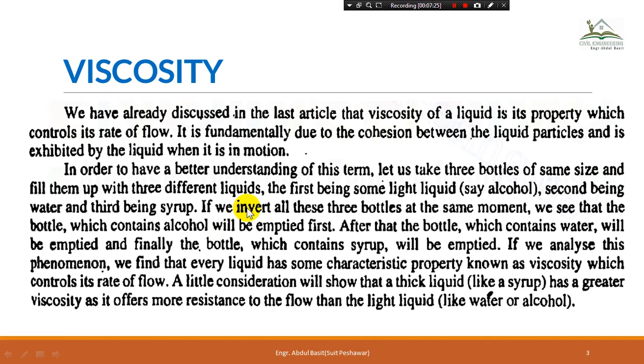So if we invert these three bottles at the same moment, we see that the alcohol bottle will be emptied first, then the water bottle, and then the syrup bottle. Why is alcohol emptying the bottle rapidly?